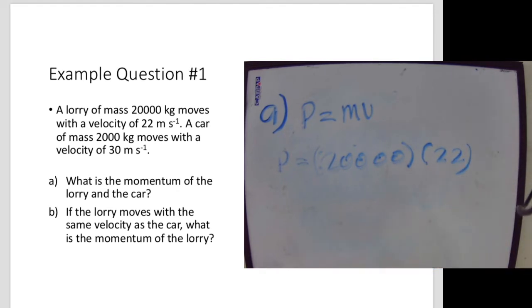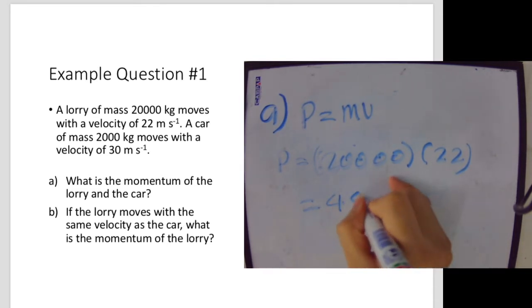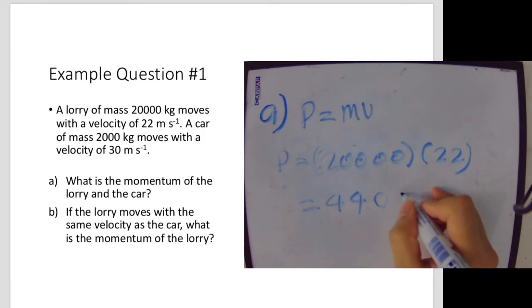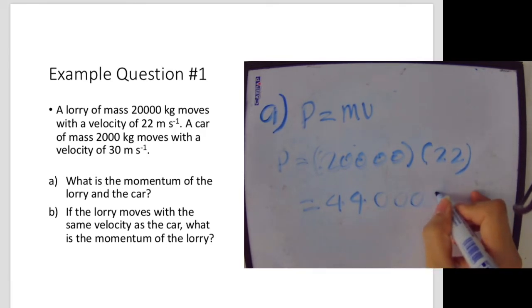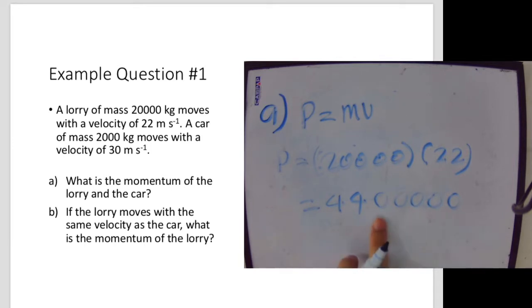Velocity is 22 meters per second. So we just multiply that, we get 44,000,000. Is that correct? How many zeros are there? Yeah, I put too many zeros.